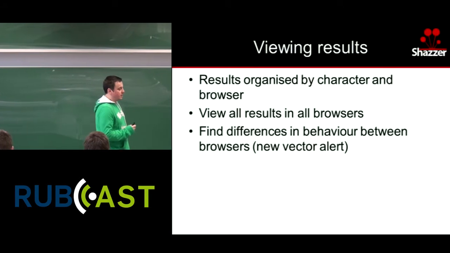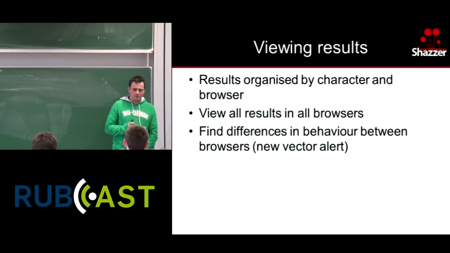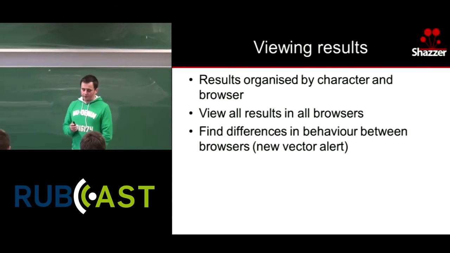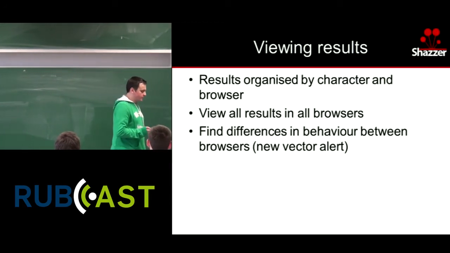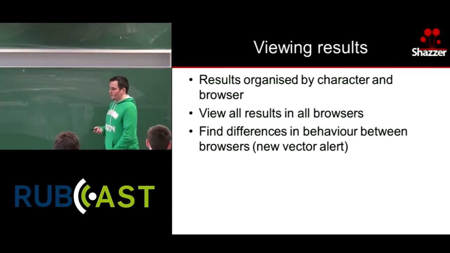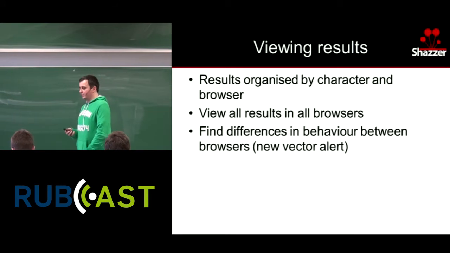One good example of this was found by somebody on Twitter, but I can't quite remember the name now. They used Konqueror on Linux, and they found that in an anchor, Konqueror allowed different characters that weren't allowed in any other browser.